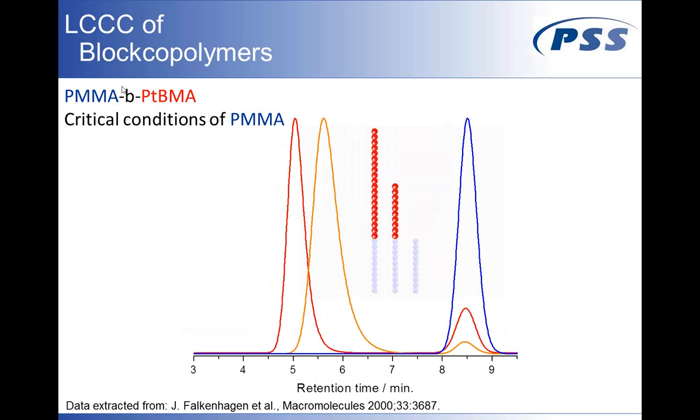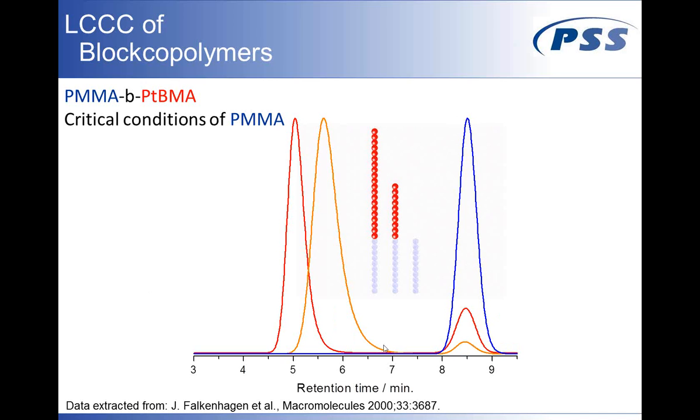If we turn the system around, and we have now chains with different lengths of the tertiary butyl methacrylate, again under critical conditions of the PMMA, then of course the PMMA will still not give rise to any effect of molar mass, and you can see that now we have here the block copolymers and some residual PMMA from the synthesis.